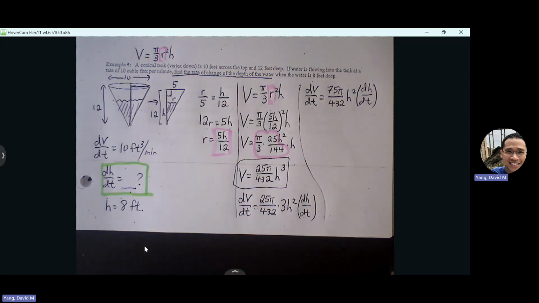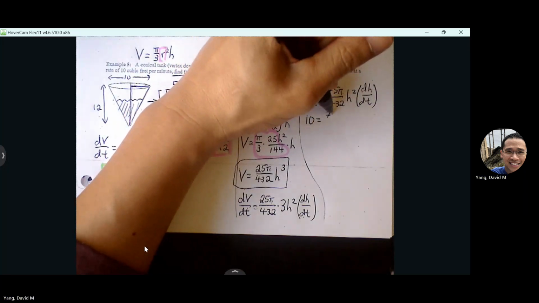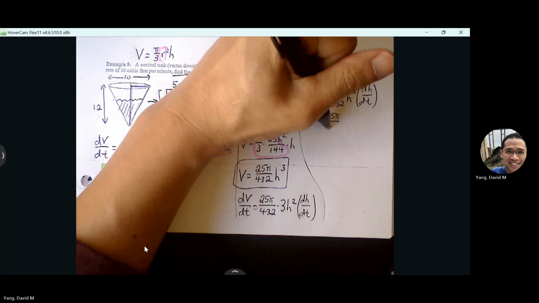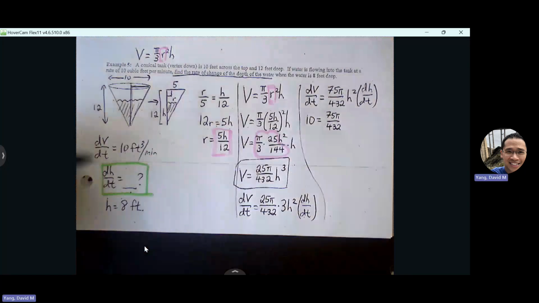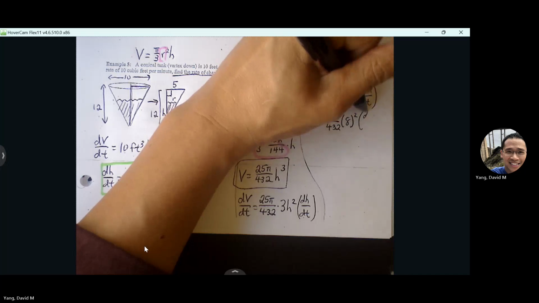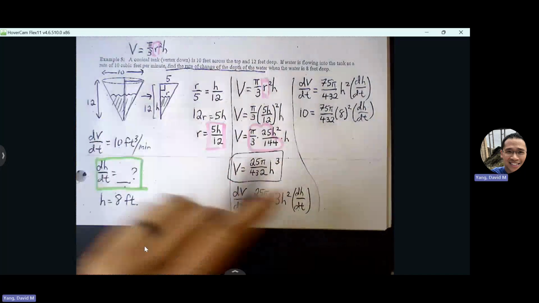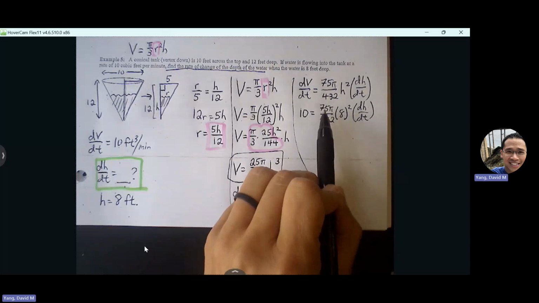All right, so now we're just plugging information in. Replace dV/dt with 10. Replace h with 8. I'm just going to work on cleaning up. So I'm going to plug in the calculator.